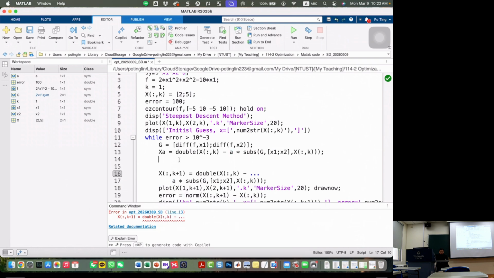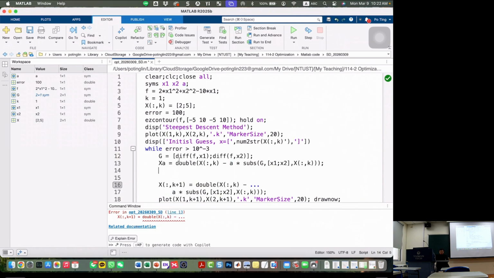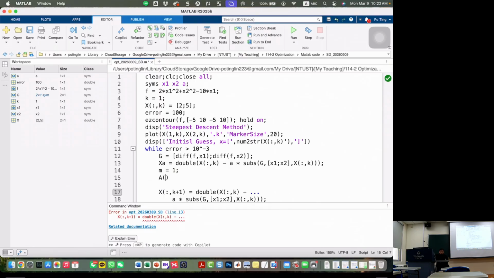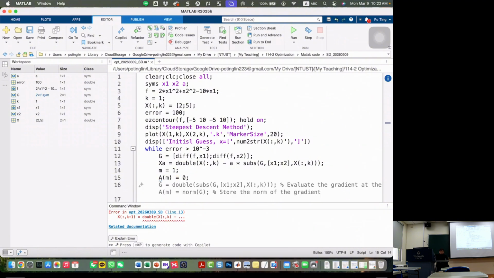I need a while loop here. Initially I will say m equals 1, and I will use capitalized A to represent the values of my alpha. It's a one-dimensional value, so just capital A, bracket small m, initial guess equals 0, like what I did in the notes.